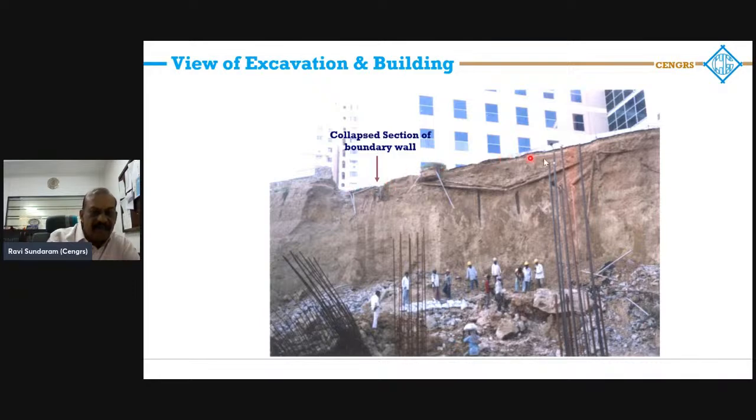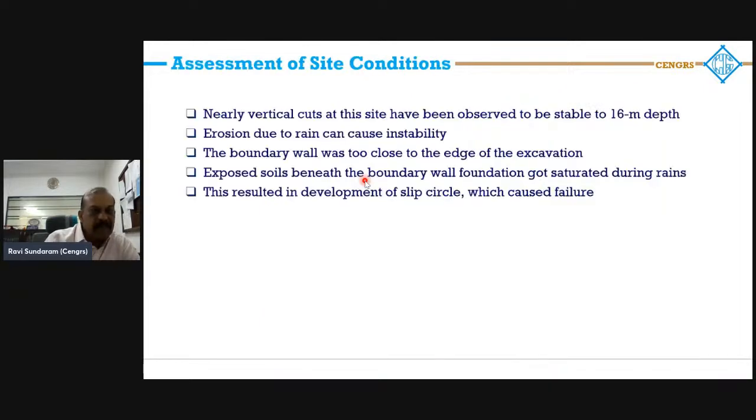In the first panic situation, they removed the entire boundary wall so that there will be no further collapse of the boundary wall. So the first assessment which we did there was that nearly vertical cuts had been made, and even excavation to 16-meter depth looked to be stable.